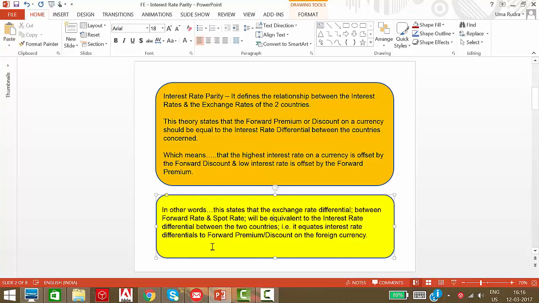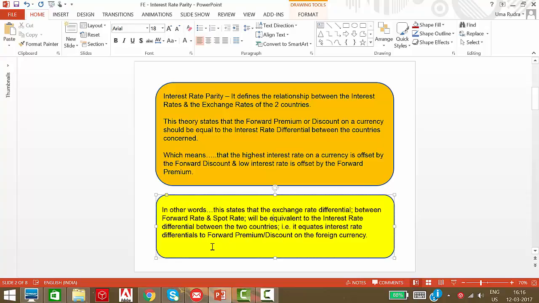So the difference between the forward rate and the spot rate of foreign currency would equate to the interest rate differential. Here in that example it is 10% and 3%, so roughly it is 7%. So forward premium or discount also will be close to 7%.